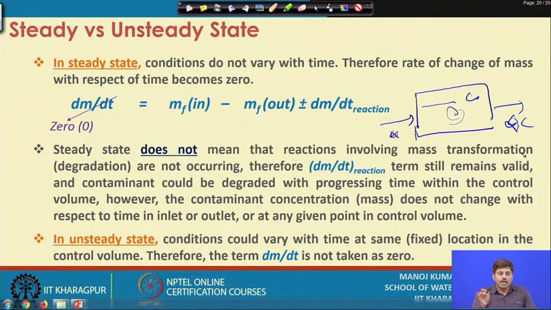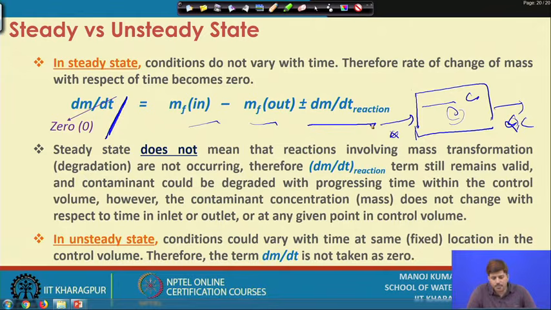In the equation, the rate of change of mass with respect to time becomes 0 when it is in a steady state. There would be inflow, outflow, and there could be reaction also. The rate of change of mass due to reaction is not 0, because reaction is taking place in the system, but the rate of change of mass over the entire control volume is 0.